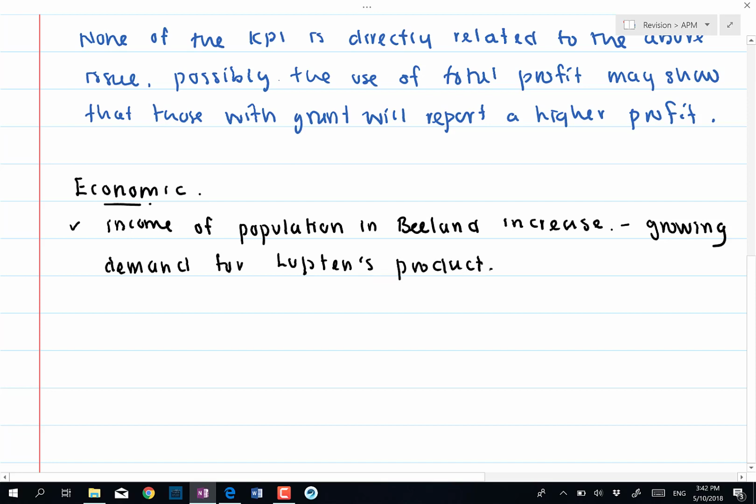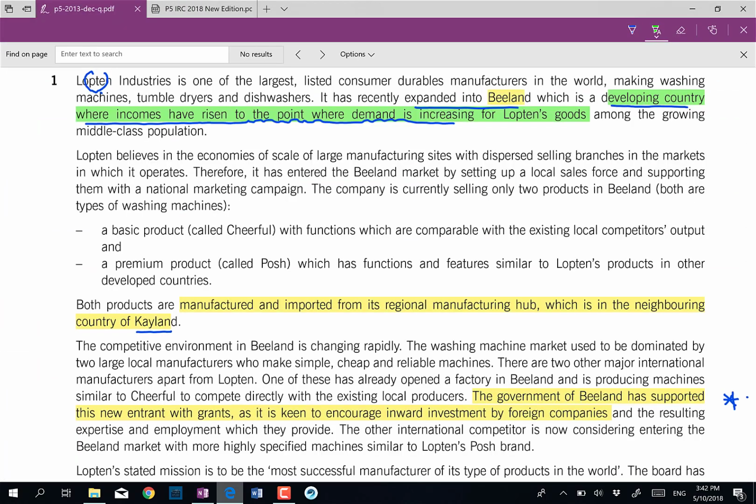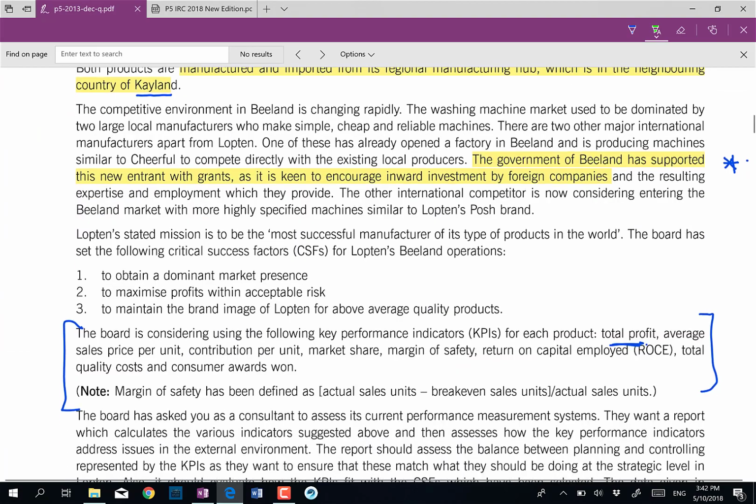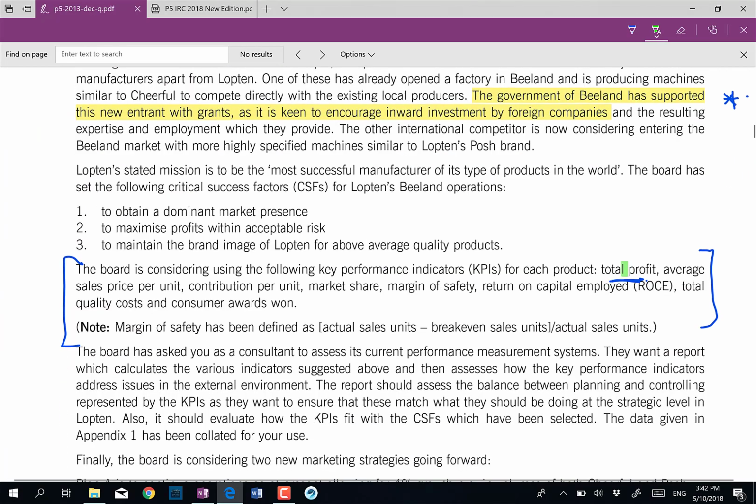Okay. Now, in terms of KPI, so what are the relevant KPI? Again, looking at the KPI given, now total profit can be one relevant one. Market share, in fact, market growth is a better one.